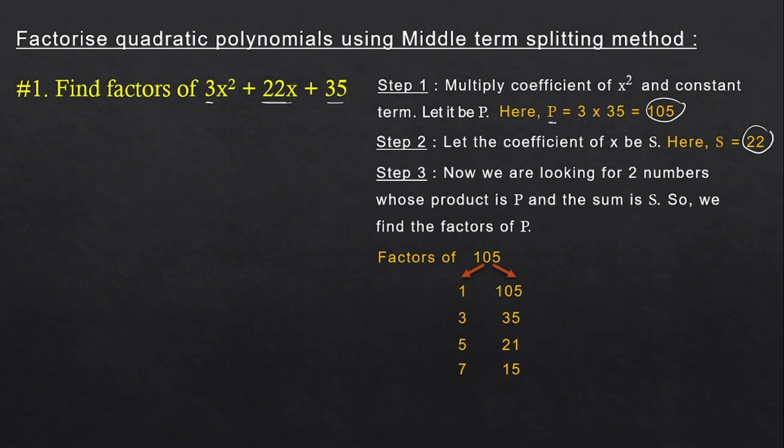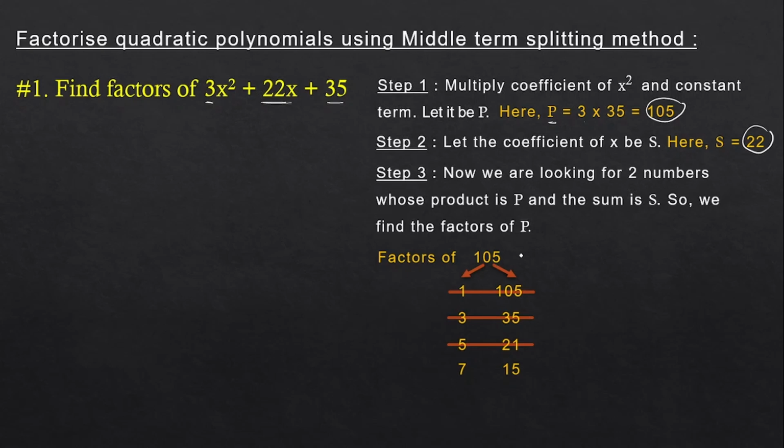Done this way in order, we make sure we do not miss any pair of factors. Now of all these factors, we are looking for the one which will add up to give us 22. 1 and 105 not possible, 3 with 35 not possible, 5 with 21 not possible, but 7 plus 15 is 22.